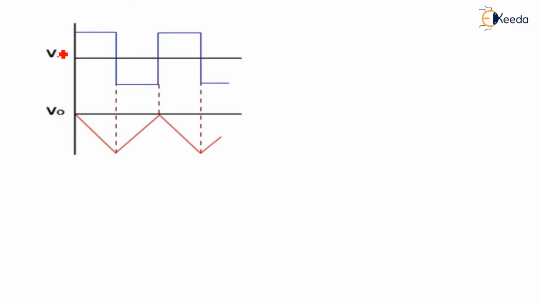If I give a square wave to the input, I'll get a triangular wave at the output, because if I say Vin is equal to some value A, the amplitude is equal to A, now the integration will be minus At.